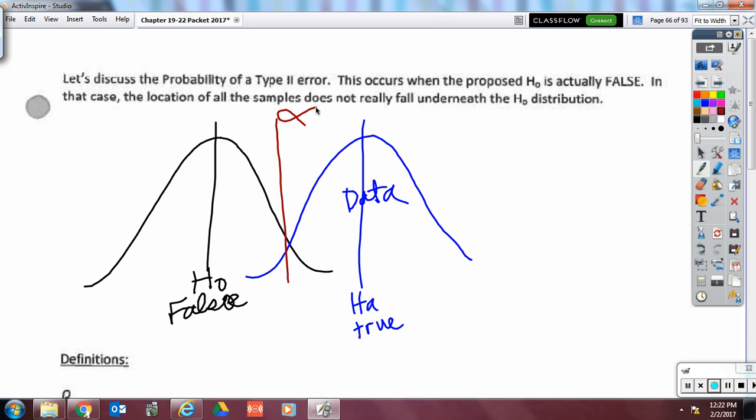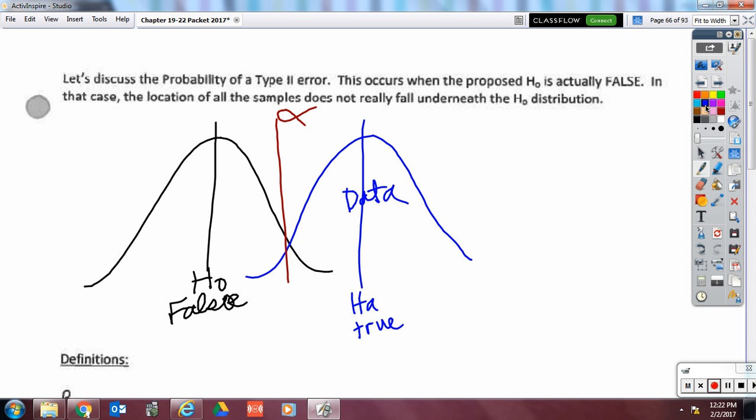All right. So here is my question to you. I'm going to put a sample on there, and I want to know where is the sample located that makes a type 2 error happen. Where is the sample? In the rejection region?